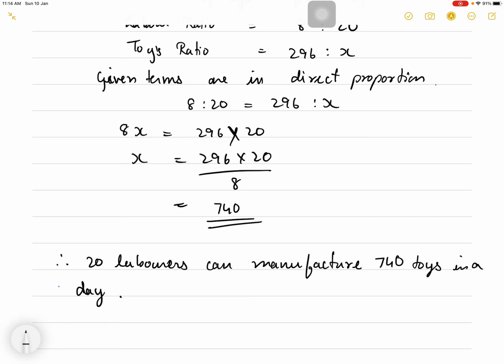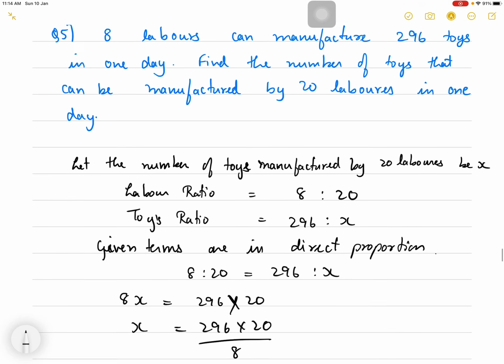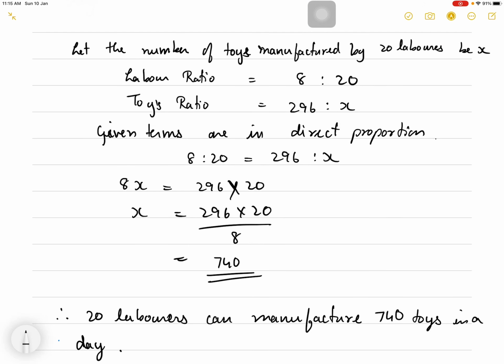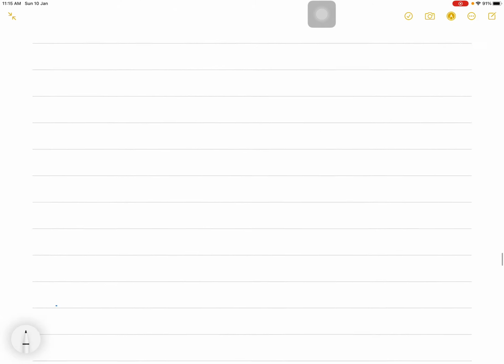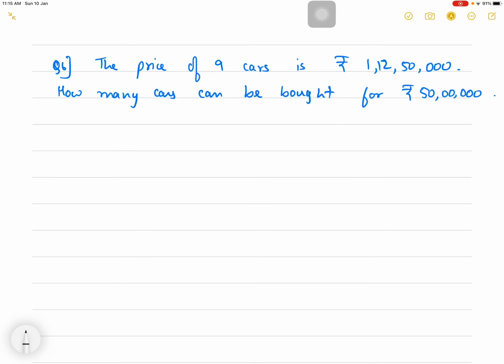Okay. So this kind of problem we have already solved previously in the previous lectures, right? Let's solve one more problem and we'll wind up. The price of 9 cars is rupees 1,12,50,000. How many cars can be bought for 50 lakhs?